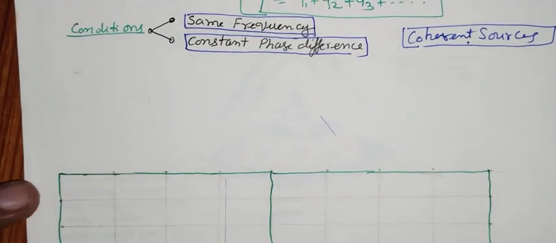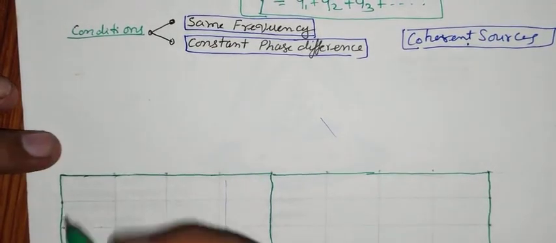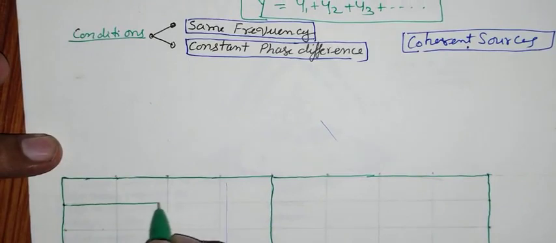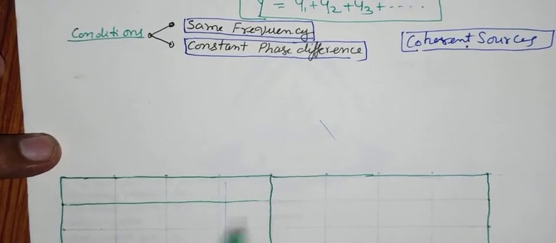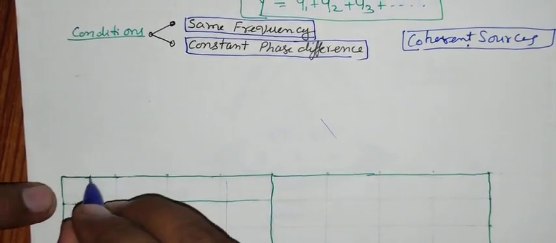Let us consider a wave here. This wave is a plane progressive wave traveling in one direction. This direction is represented here.